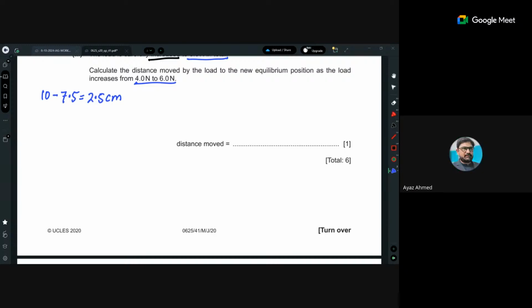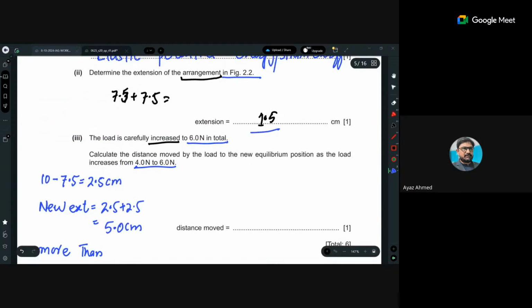So each spring will be extended by 2.5 centimeter. So the new extension is 2.5 plus 2.5, which equals 5.0 centimeter more than 15, isn't it?